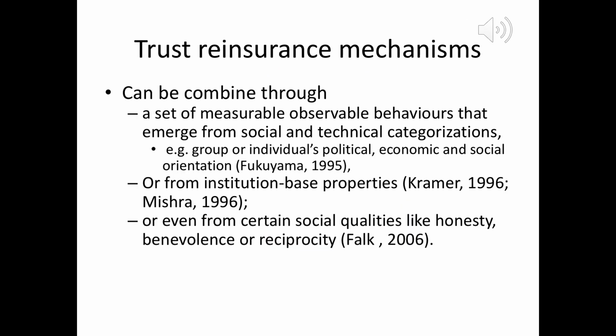One thing is certain, trust is very much related with the reassurance mechanisms, or what we called before trust warranty signs. Those mechanisms can be measurable and can be observed. This is observed and measured by observing behaviors.